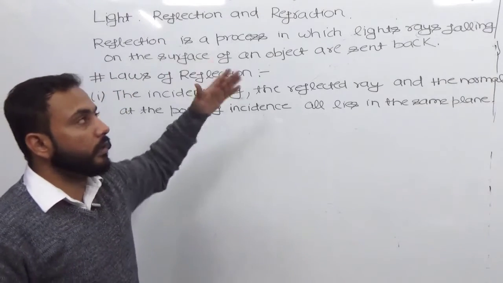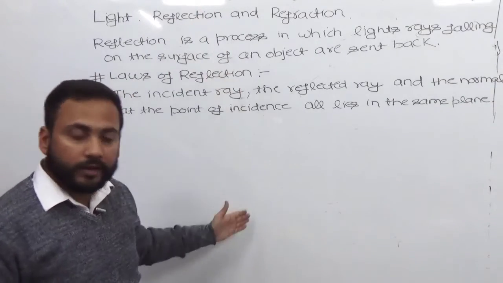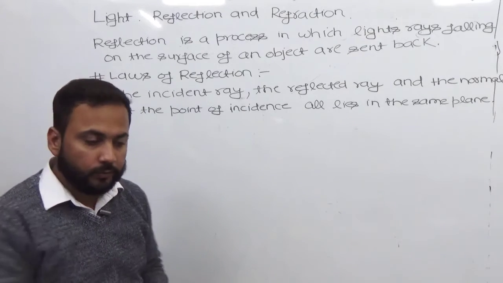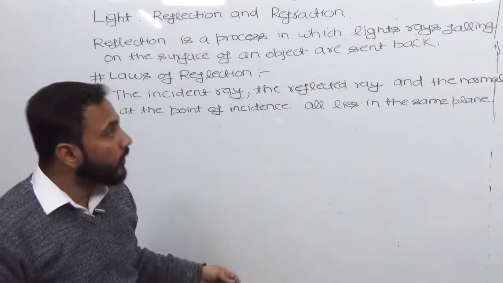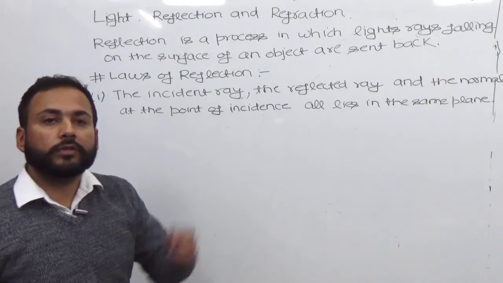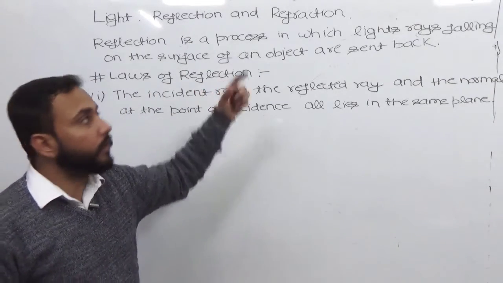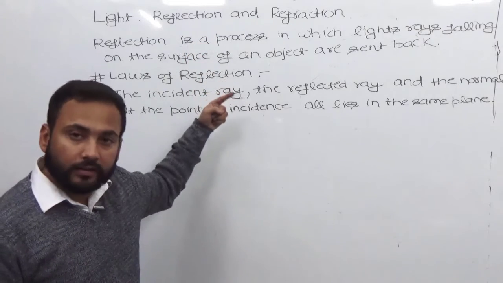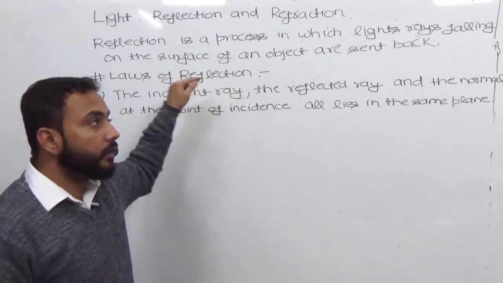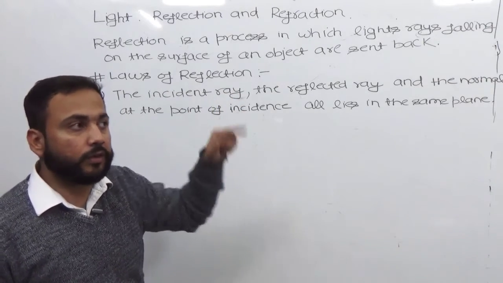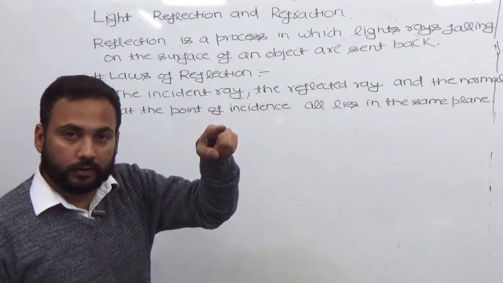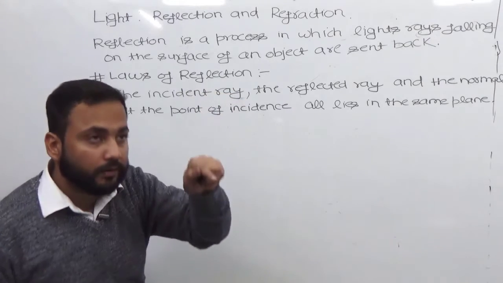Suppose this is your y-axis and this is your x-axis, meaning the floor is the x-axis and this wall is the y-axis. The rays of light are coming, striking the surface. This is the incident ray, and then it is sent back after reflection. This is the reflected ray.